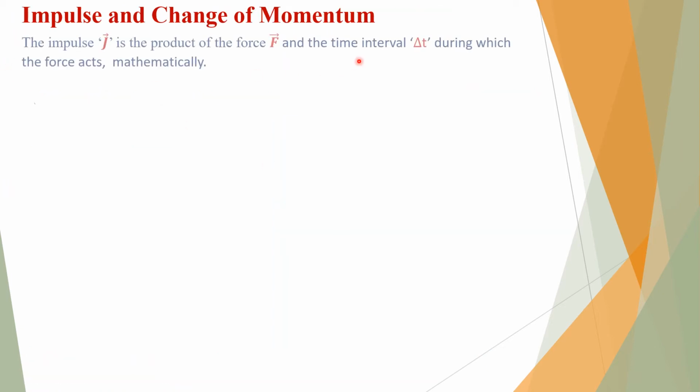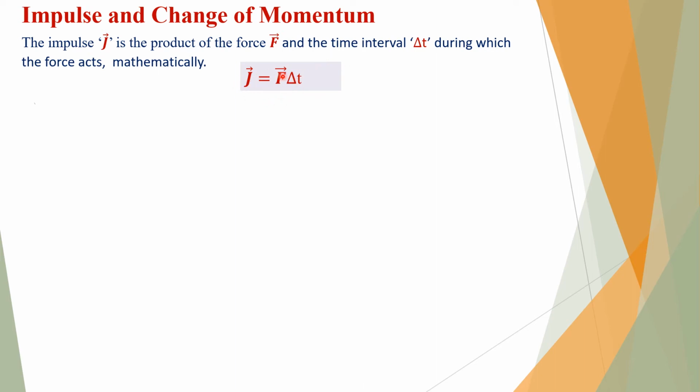Impulse and change of momentum. The impulse, represented by J, is the product of the force F and the time interval delta t during which the force acts. Mathematically, J is equal to F delta t. The effect of force on an object depends on how large the force is and also on how long it acts.